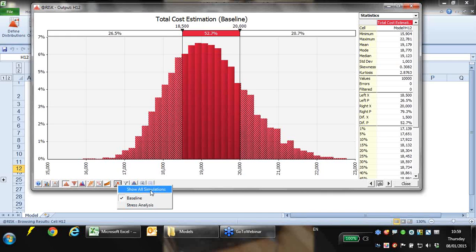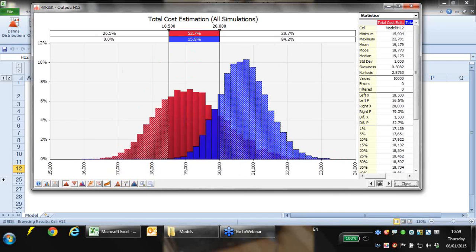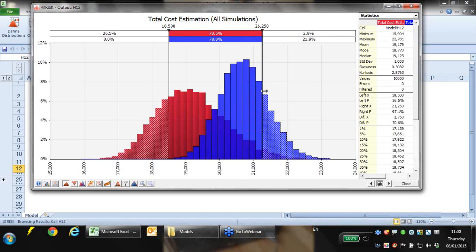If we also look at the stress analysis, then all of a sudden things look a lot less appealing, because the curve has just jumped heavily across to the right. We've got absolutely 0% chance of finishing this project within our original project budget, and the cost of this project is likely to increase significantly.